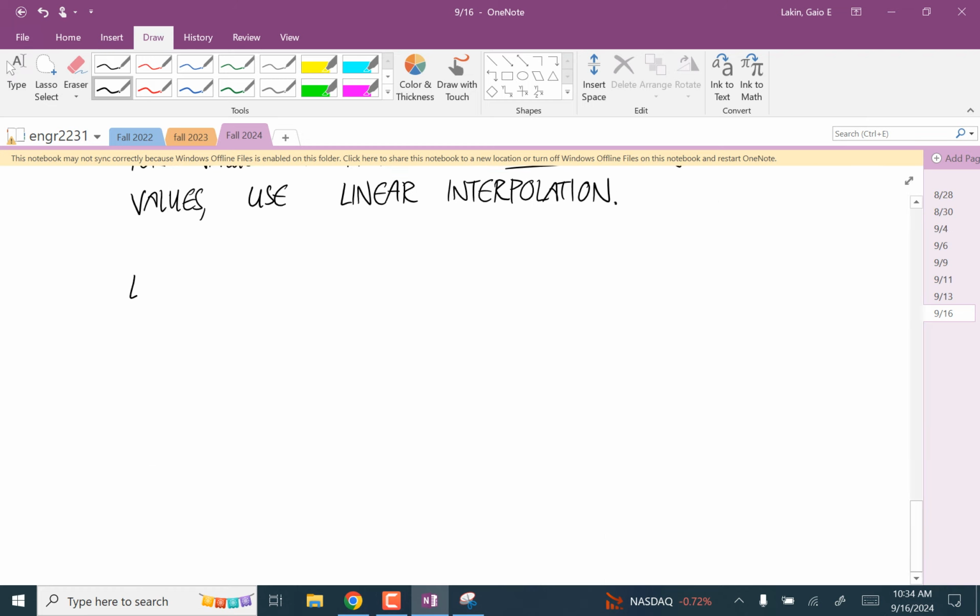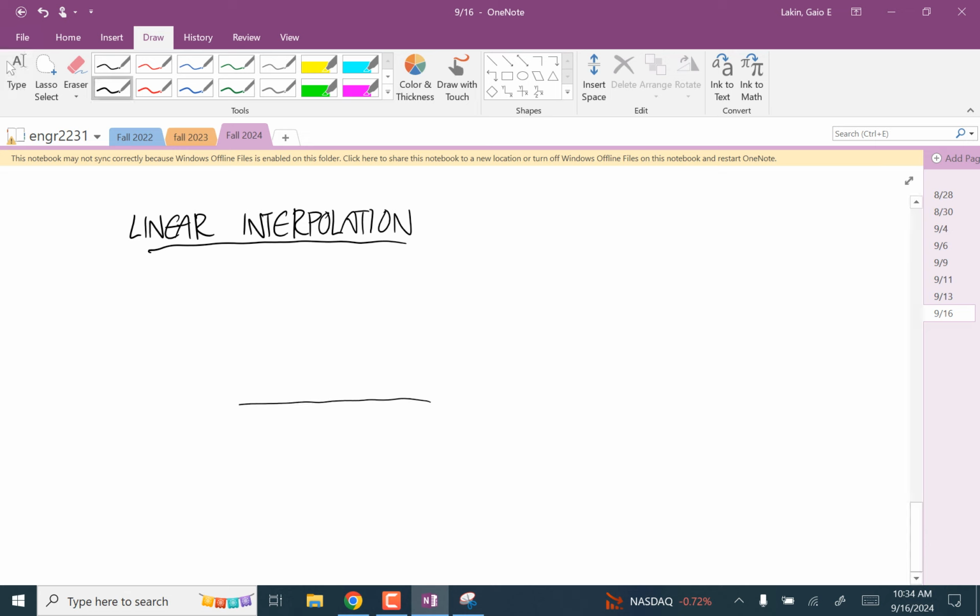Okay, so linear interpolation. First we'll just think of it in terms of a function f of x, and say that our function looks like this.